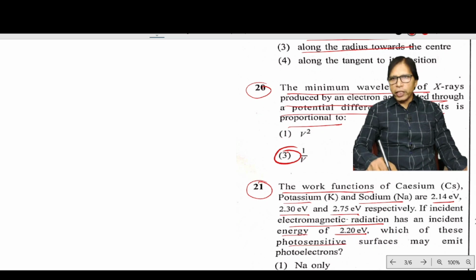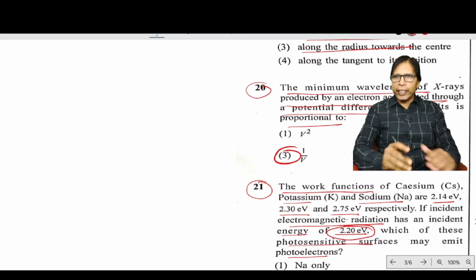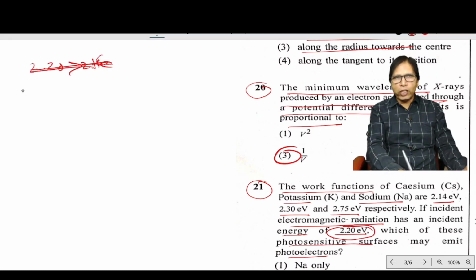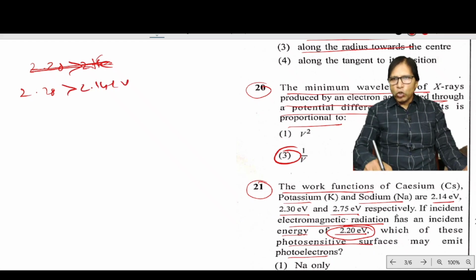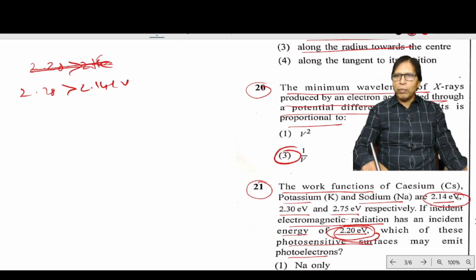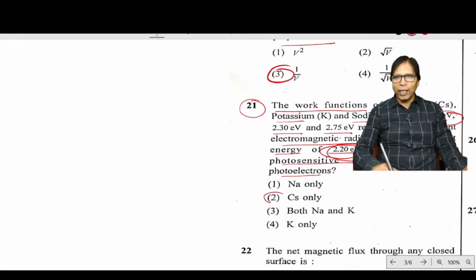Which of these photosensitive surfaces may emit photoelectrons? If the energy of the incident radiation is greater than the work function, 2.20 is greater than 2.14 electron volt. So this radiation only emits electrons from the first surface, which has work function 2.14 electron volt. Now look at the options. Here, cesium only.